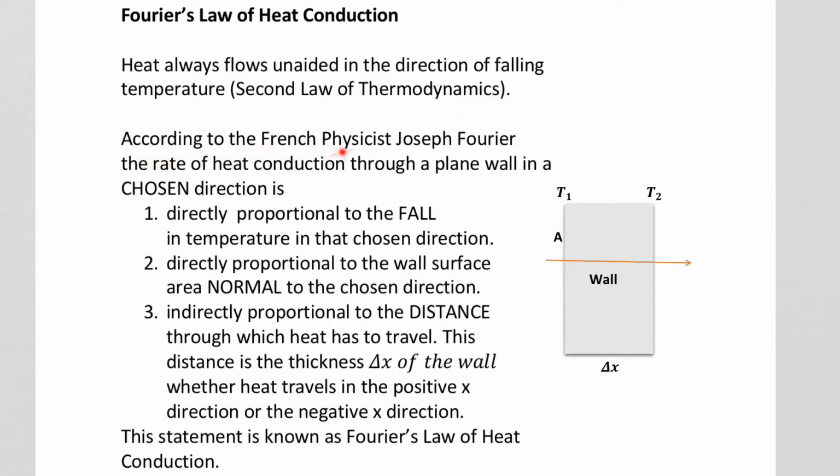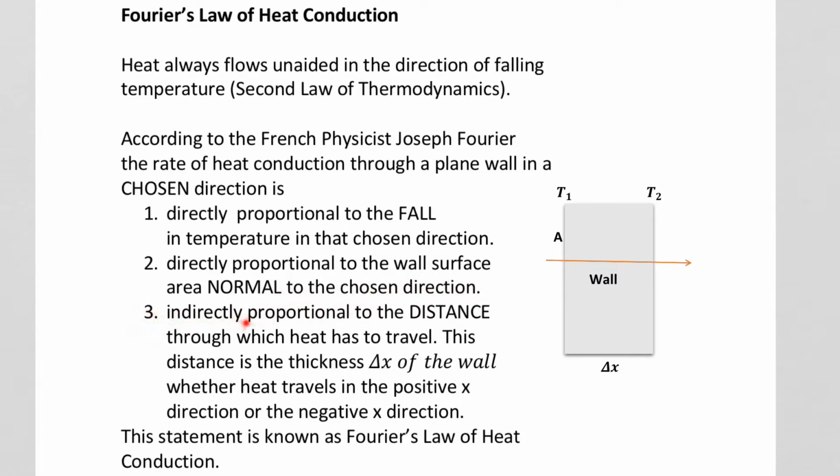According to the French physicist Joseph Fourier, the rate of heat conduction through a plane wall in a chosen direction is, number 1, directly proportional to the fall in temperature in that chosen direction. Number 2, directly proportional to the wall surface area normal to the chosen direction.